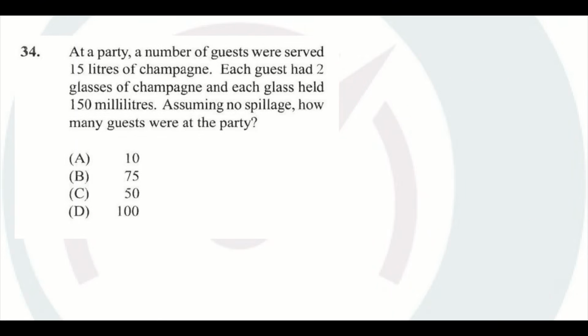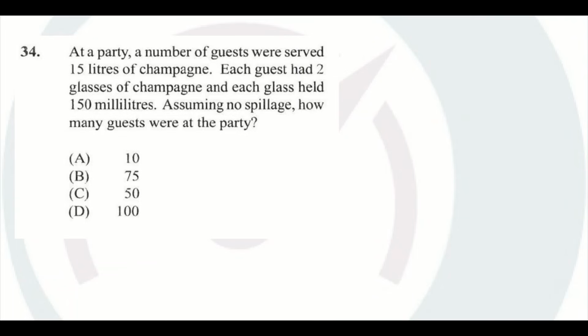Now this question, we have seen something similar to it before. Many of them, but CSEC did some slight switches, which was good. So at a party, a number of guests were served 15 liters of champagne. Each guest has 2 glasses of champagne, and each glass held 150 milliliters.